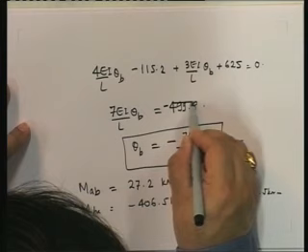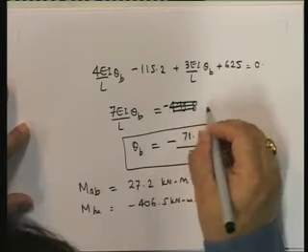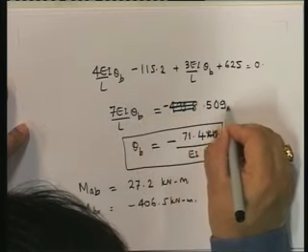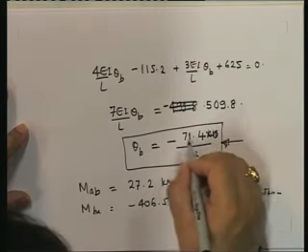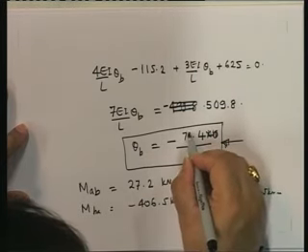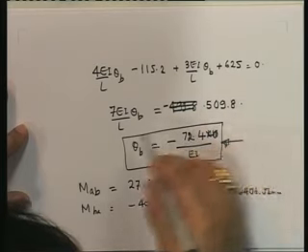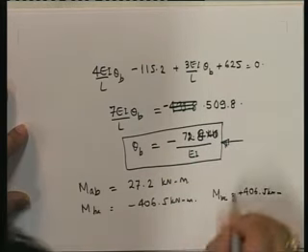Ultimately, by the way, let's go back to this. I have made one small mistake and I just want to correct it, because you may find that this actually is 509.8, and so if you look at this, this becomes 719.72, and you get 72.8 into this.